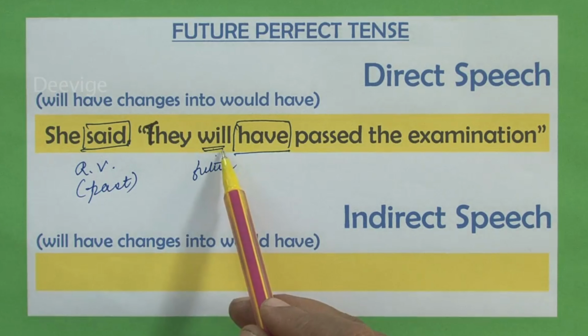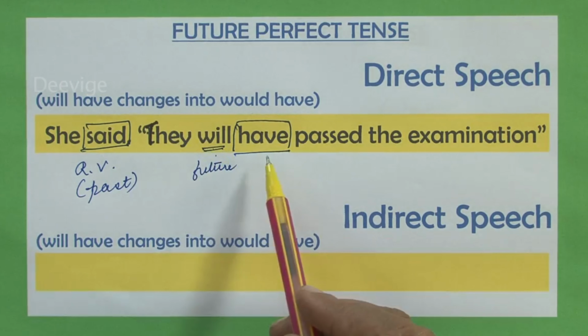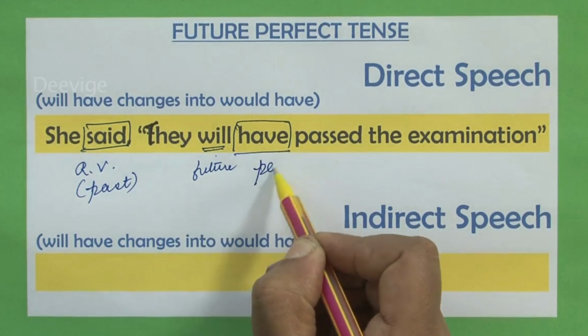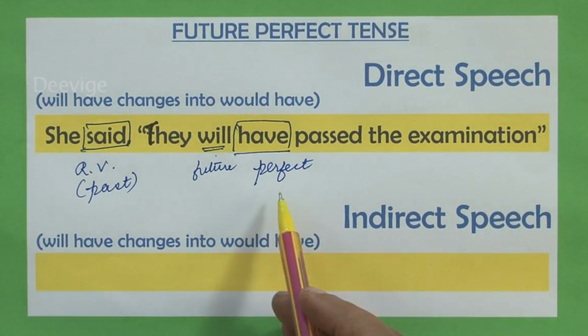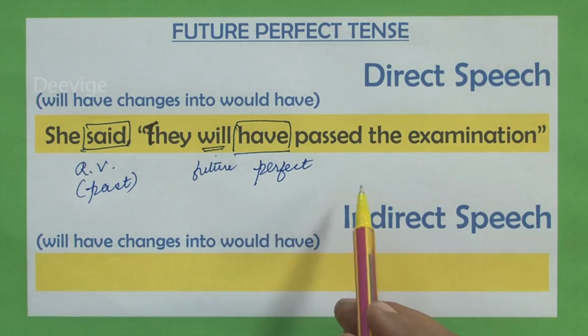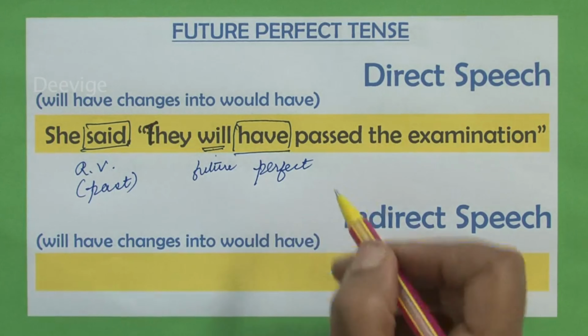Since the word will is already here in the sentence and it indicates future time, have is only going to be considered as a perfect tense. So the entire sentence that we have here with us, they will have passed the examination, is in the future perfect tense.